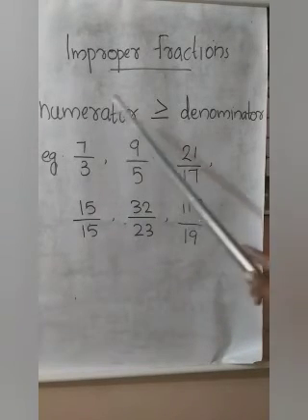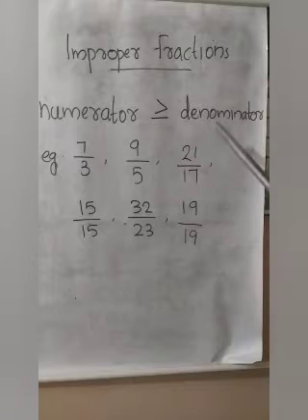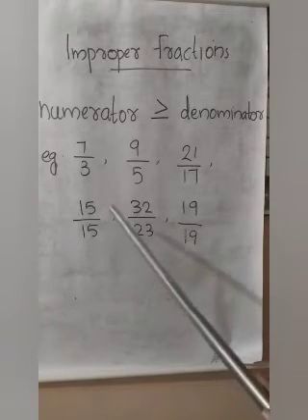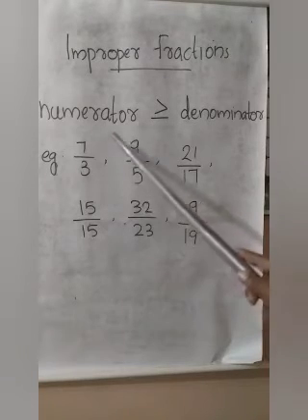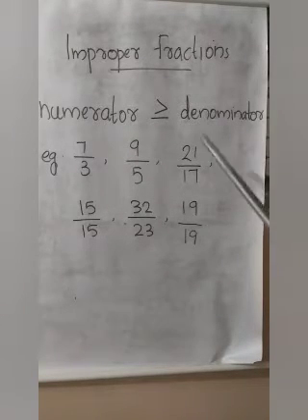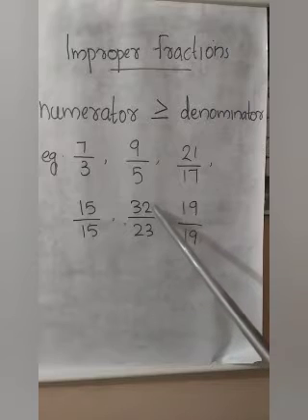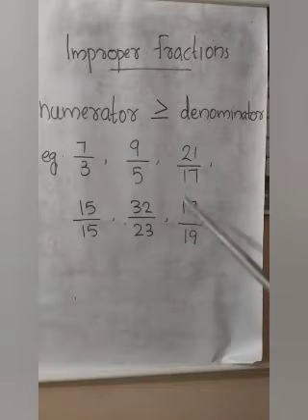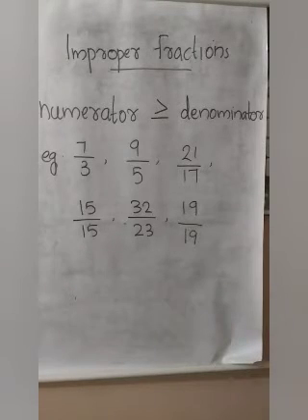Numerator 7 is greater. Here 9 is greater. Here 21 is greater. Here both are equal, so that is also an improper fraction when the numerator is equal to the denominator. Here the numerator 32 is greater. Here numerator and denominator are equal.